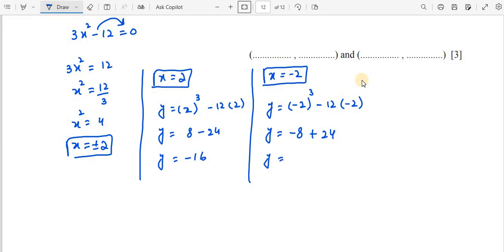So y is equal to minus 8 plus 24 is equal to 16. So the final answer is: for x equal to 2 the answer is minus 16, and for minus 2 the answer is plus 16. This is our final answer.